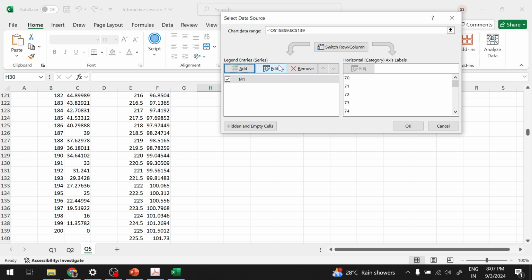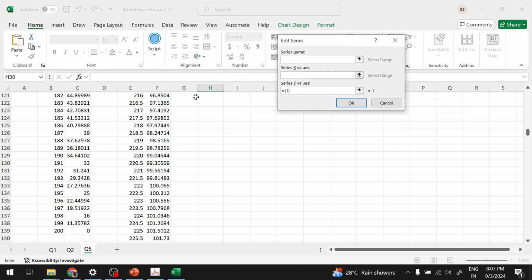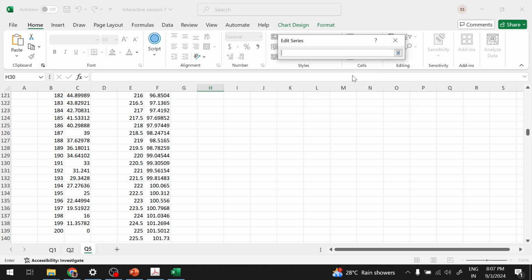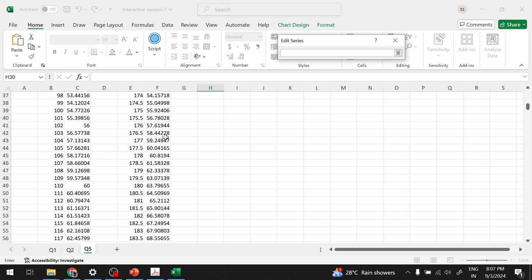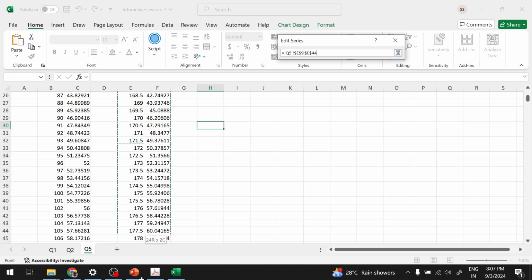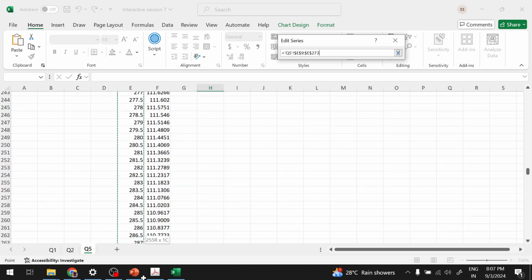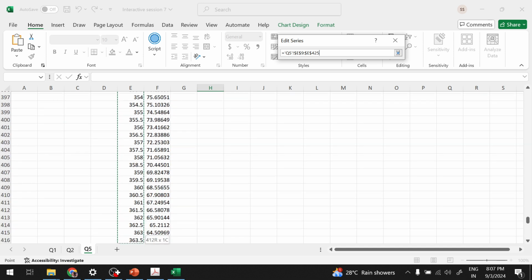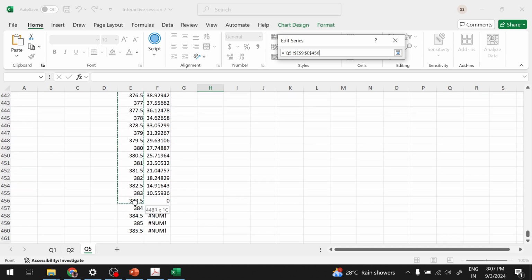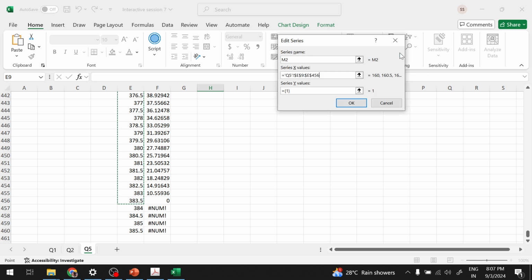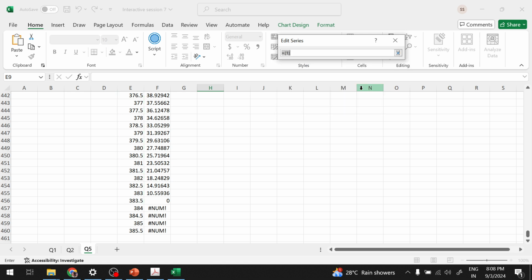Okay, now I will add M2, the second circle, for which we will have an X value of this. You see, we got a better circle. Okay, here we can see this because this is coming out to be imaginary because this is going below the x-axis. So let's ignore that for now.